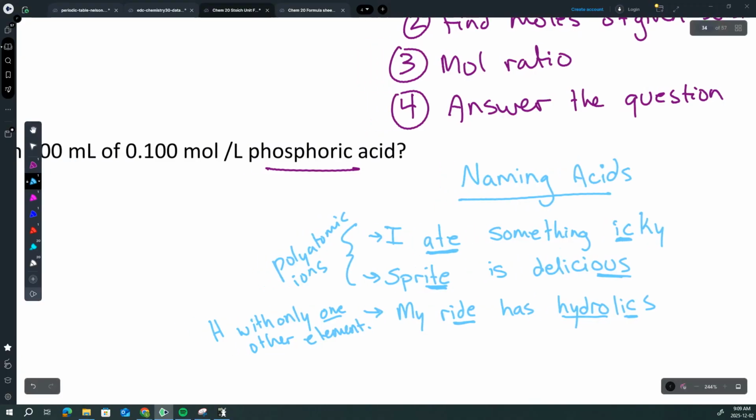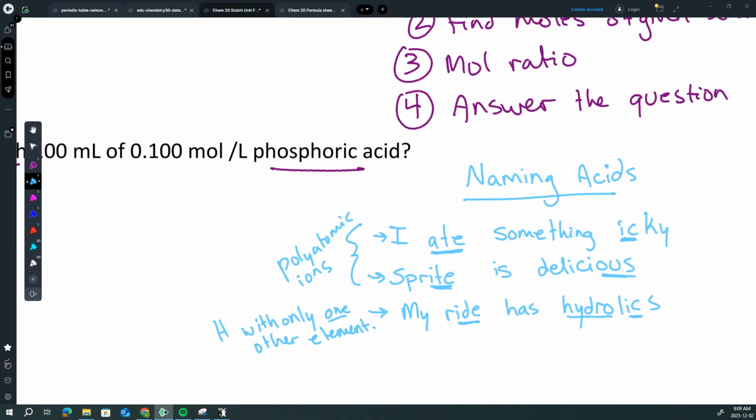Looking at our acid name, phosphoric acid, that's going to deal with this first sentence. The first sentence tells me that I'm looking for a polyatomic ion that ends in ate. So we're going to replace this, and phosphate is going to be our polyatomic ion.